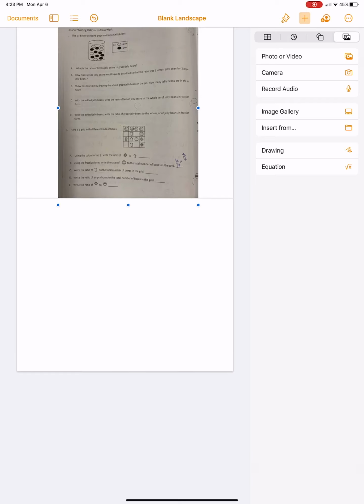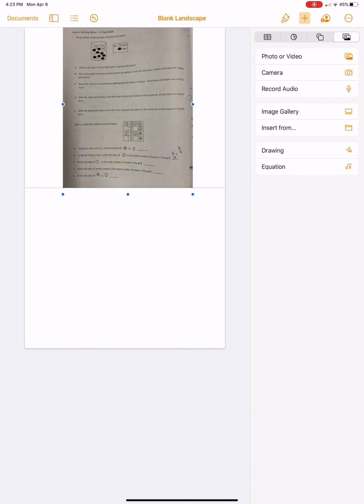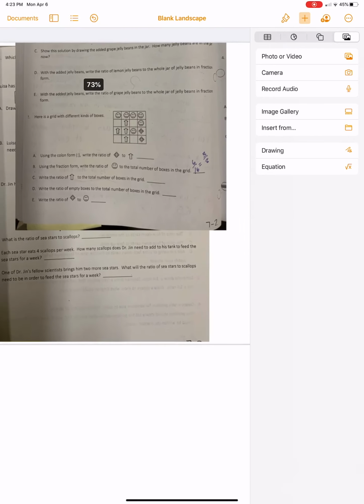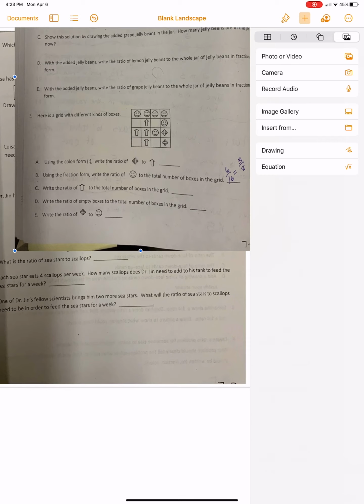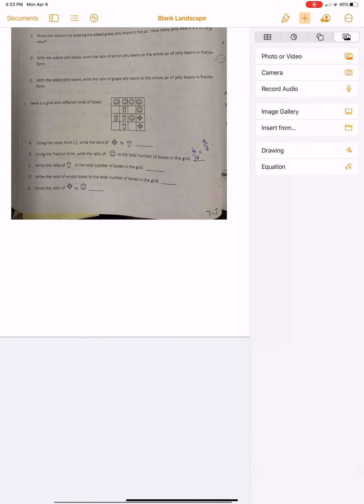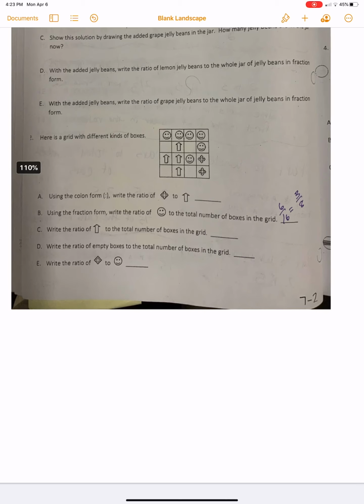Move it up a little bit here. I promise I'll get better at this little toy thing as time goes on. Delete that one. All right, let's take a peek here. Okay, so the next part.